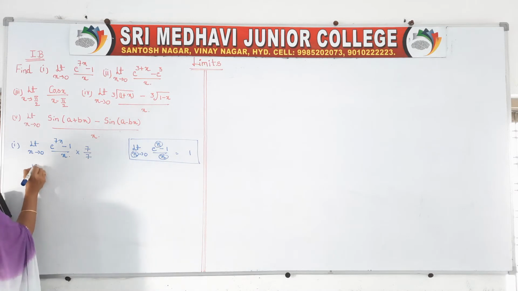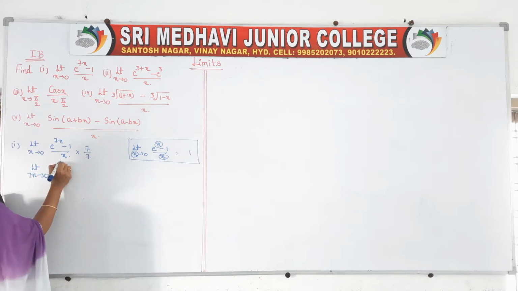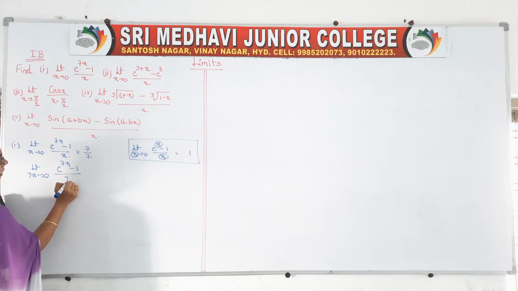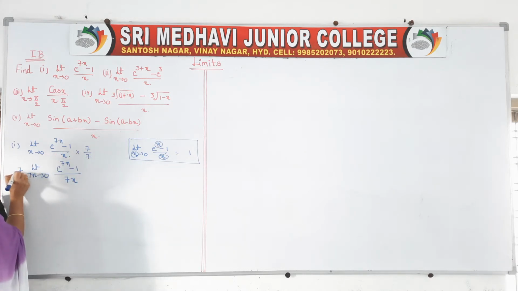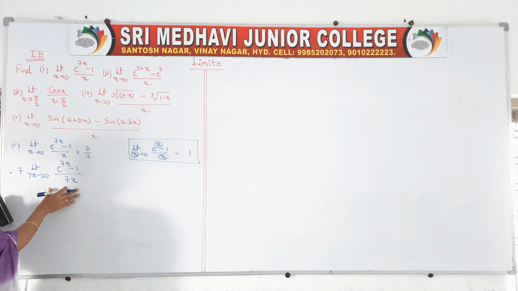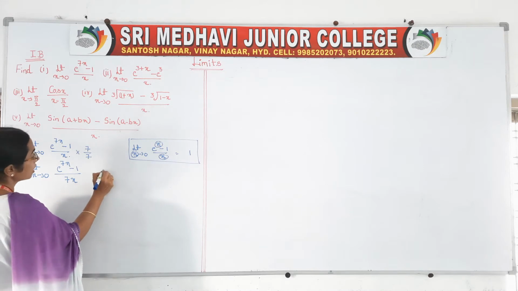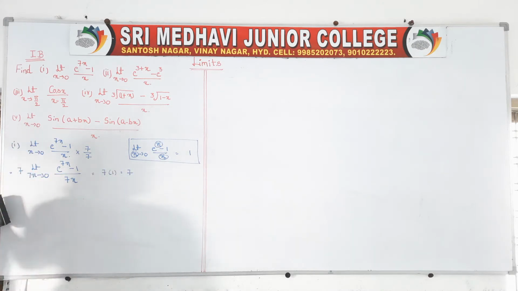So limit 7x tends to 0, (e to the power of 7x minus 1) by 7x. This 7 is a constant and can be taken outside, and now it is your formula form. So it is 7 into 1 is equal to 7.